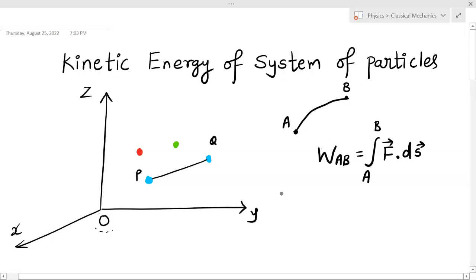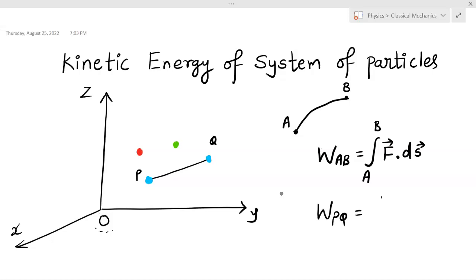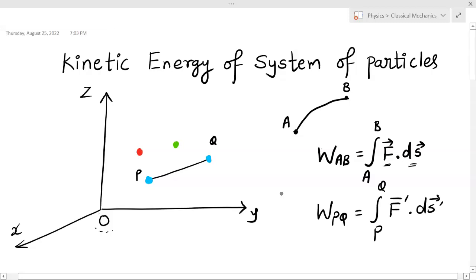Then the work done by me to take this from P to Q will be W_PQ, from P to Q F dash bar dot ds bar. This is to distinguish from this force and this infinitesimal displacement. So here this will be the work done.